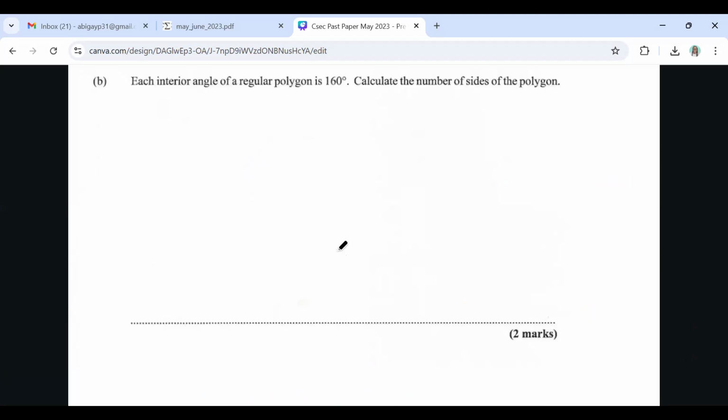All right, so each interior angle of a regular polygon is 160 degrees. Calculate the number of sides of the polygon. Now, the sum, so hold on. If you know that the sum of interior angles, this is the formula, n minus 2 times 180, and we know that n is the number of sides, right?